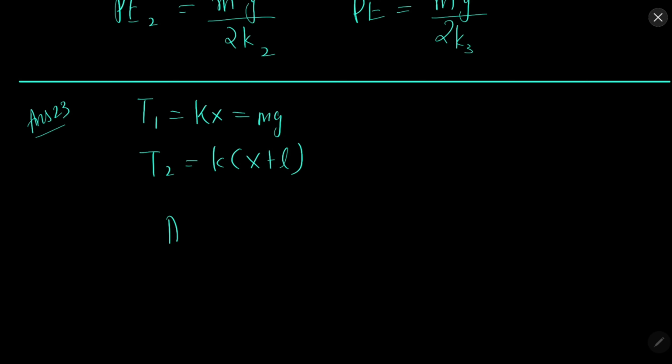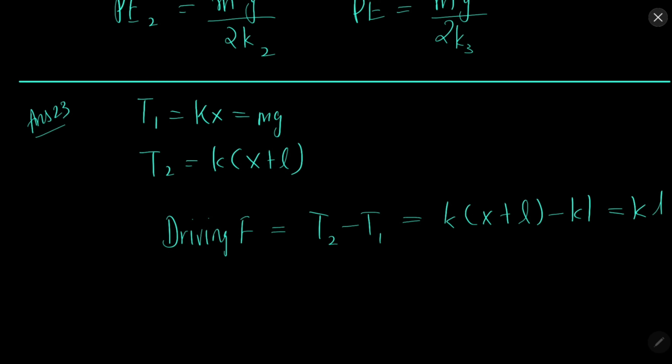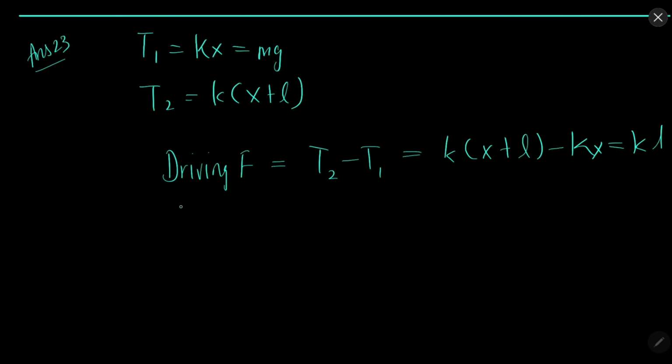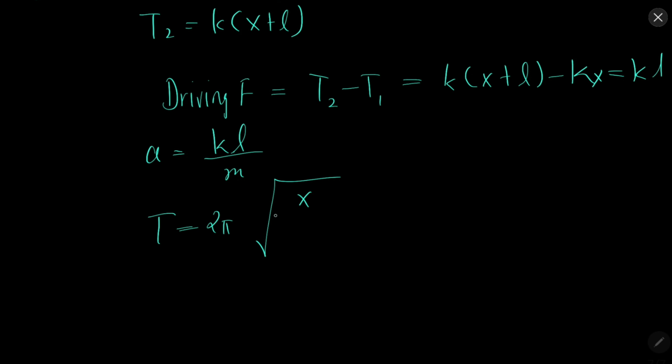So driving force will be T2 minus T1, which will be k(x plus L) minus kL, which will be kx. So ultimately acceleration will be force over mass, so kx over m, and time period will be 2 pi root of displacement over acceleration, x over kx over m, so it will be 2 pi root m by k.